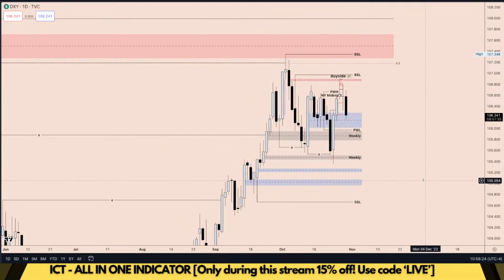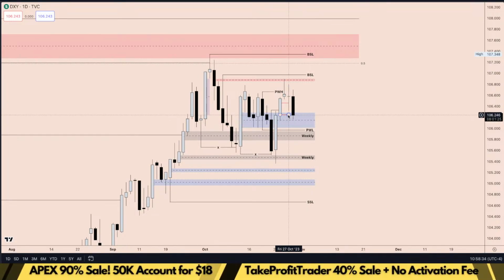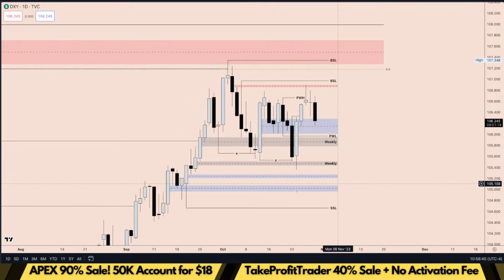DXY daily. Yeah, many drawings on here. Okay, DXY bullish, took out the high, took out the previous week's high, starting to retrace.